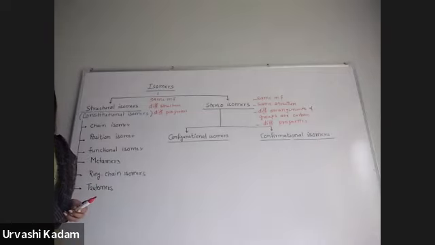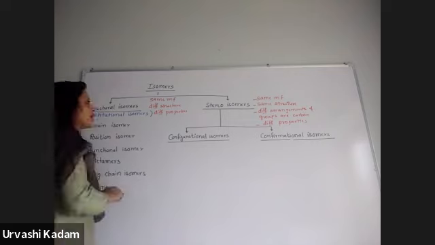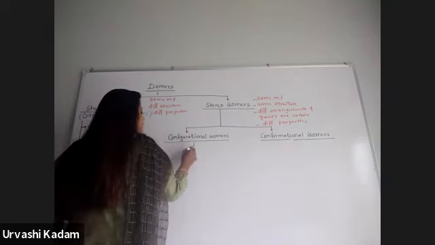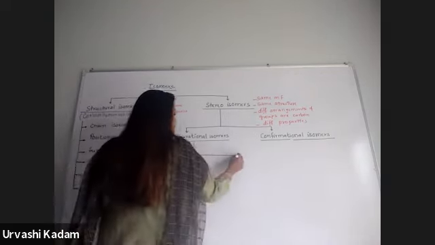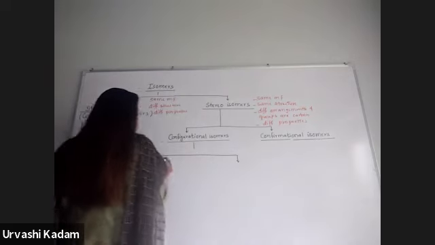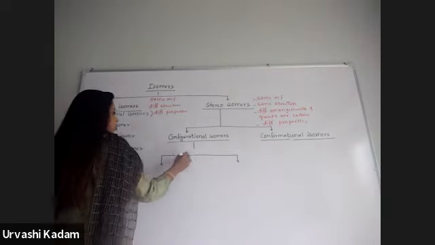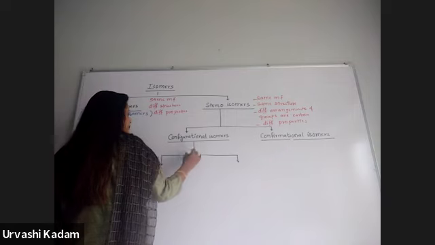The configurational isomer is further classified into two types: geometrical isomers and optical isomers.